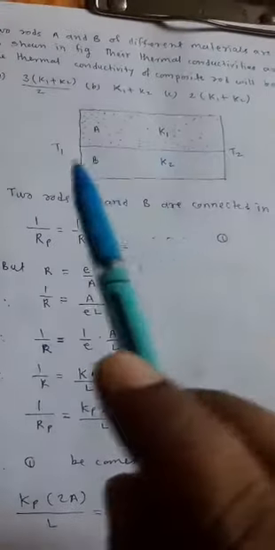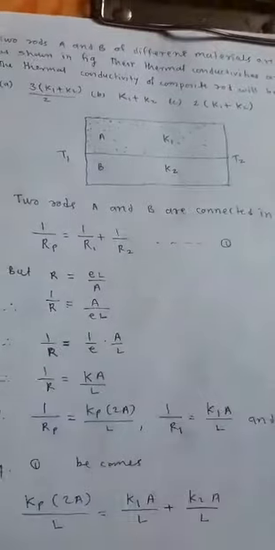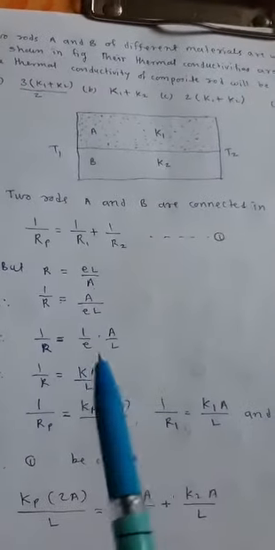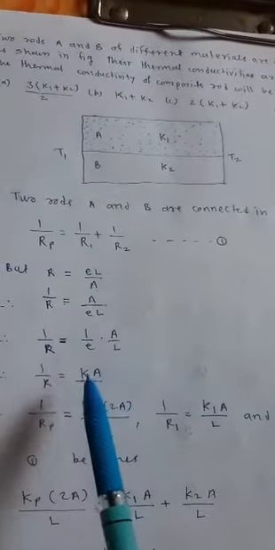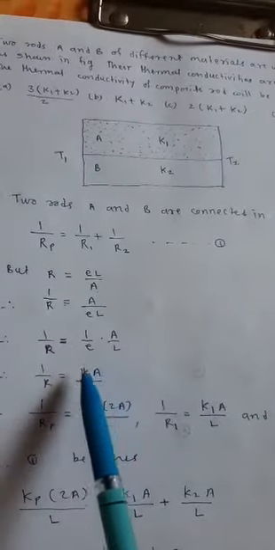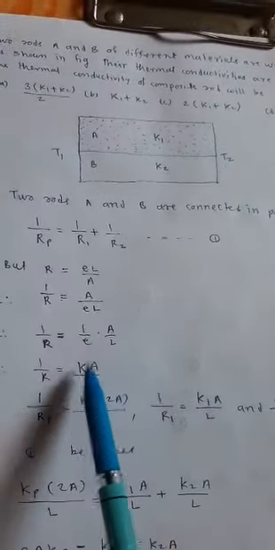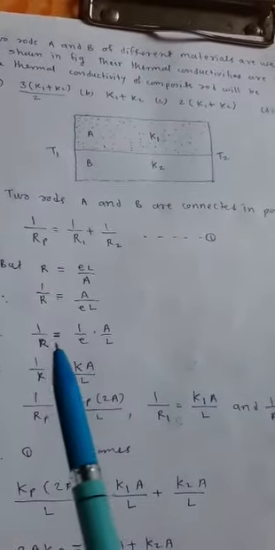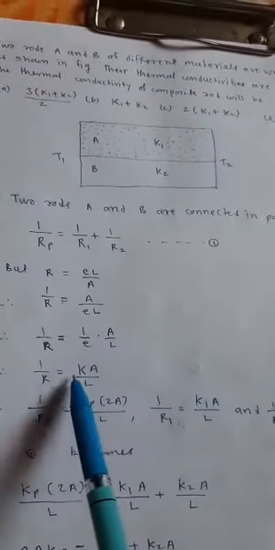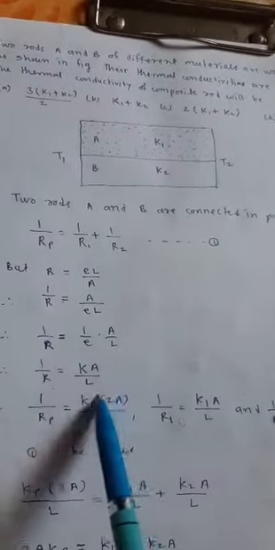And here K means what? Conductance, thermal conductivity. Conductance of heat means thermal conductivity. 1 by rho is denoted by K. K and rho are reciprocals of each other. Therefore, instead of 1 by rho, we can write KA divided by L, and 1 divided by R is equal to KA divided by L.